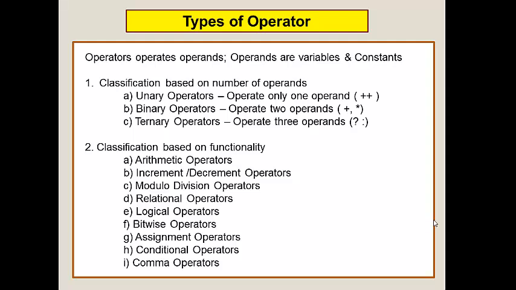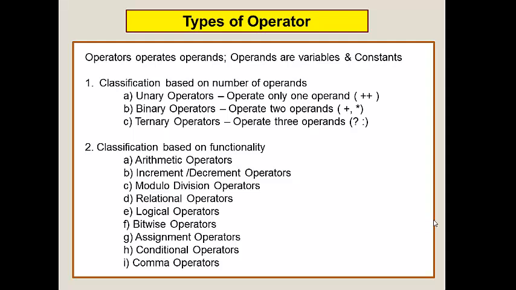In a unary operator, plus plus a, that is the increment operator, it operates on only one operand. That operand name is a, which is a variable. So it operates on only one. In a plus b, a is one operand, b is another operand, and plus is the operator.